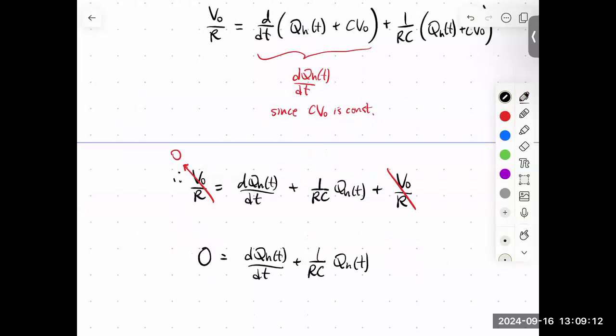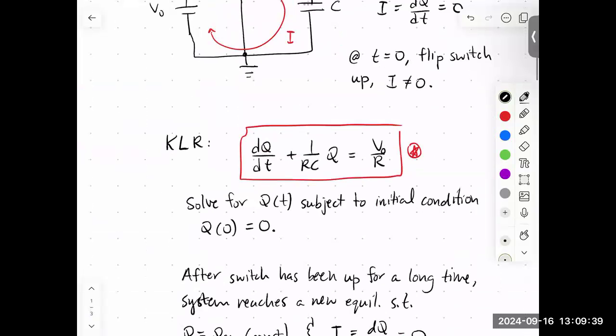Okay, this thing is called a homogeneous first order differential equation. And what homogeneous means is that we have a variable and its first derivative as two terms in our expression, and then it's just equal to 0. There's no constant, or the constant is 0, whereas the original expression was a variable and its first derivative equal to a non-zero constant.